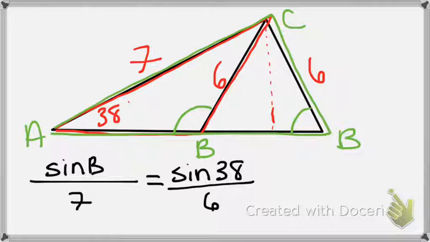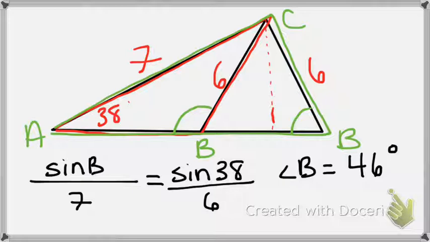So let's do this work here. Let's solve for angle B. I'll let you do the math there. If we do this, sine of 38 divided by 6 times 7, take the inverse. We see that, I'm going to round, angle B is about 46 degrees.